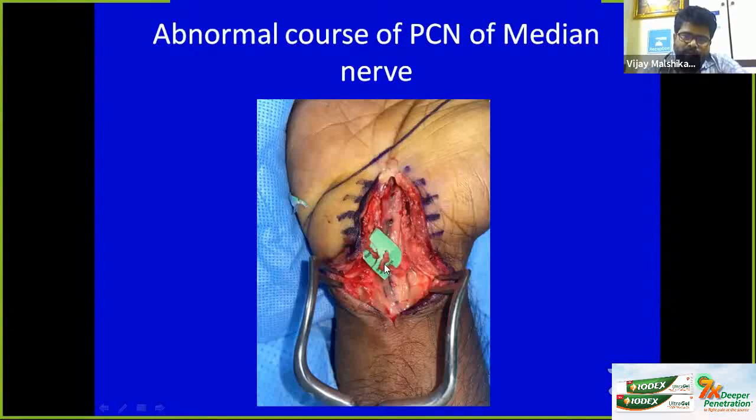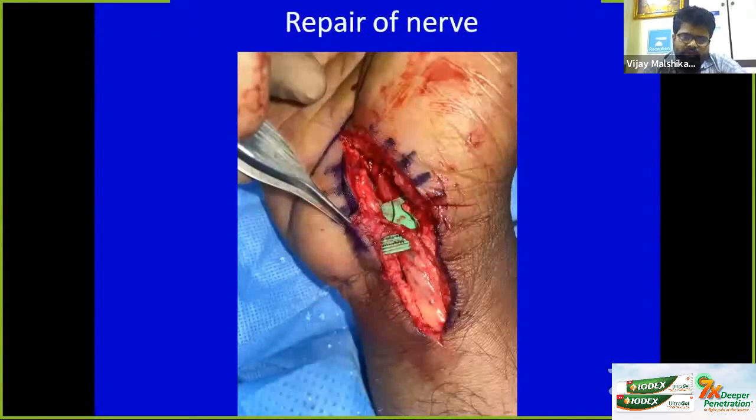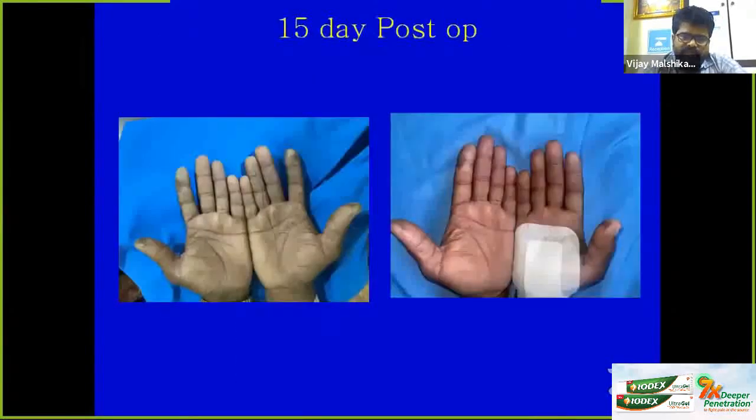Because I cut the flexor retinaculum blindly, I damaged this nerve, and it was not picked up on the sonography. So I extended the incision, mobilized the nerve, and repaired the nerve with 8-0 nylon. And after 15 days post-op, recovery was very good, and even the ulcer is gone here.